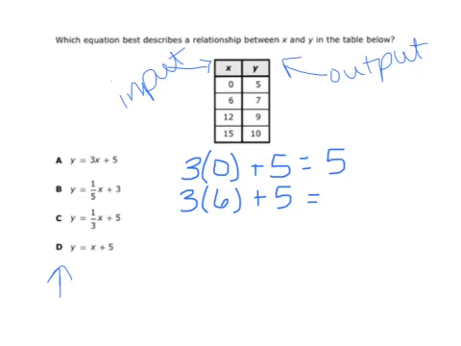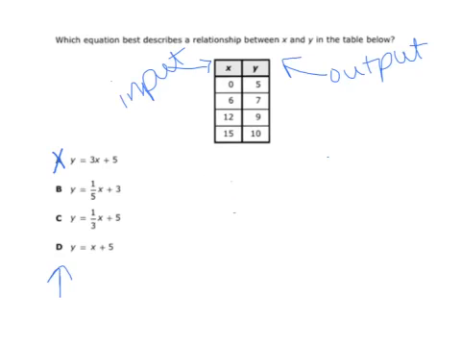Well, 3 times 6 is 18, and 18 plus 5 is 23. Look at your output. My output when I plug in a 6 is supposed to be a 7. That tells me this is not the correct solution, so I'm going to go ahead and eliminate that. Just for lack of room, I'm going to erase, and let's move on to the next equation. Once you've eliminated it, that's as far as you need to go.